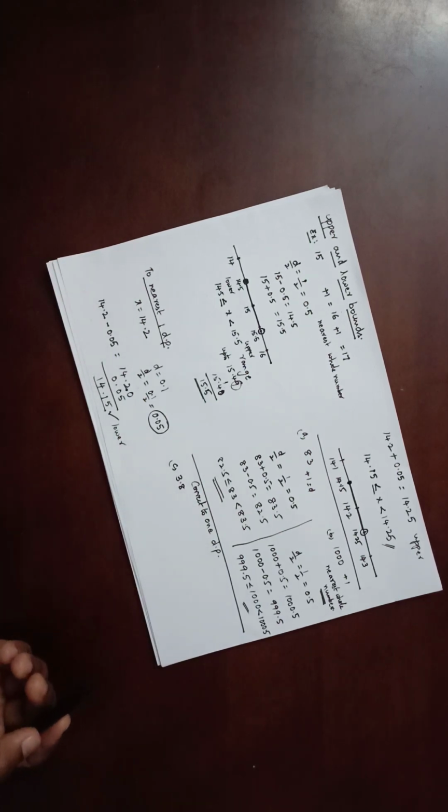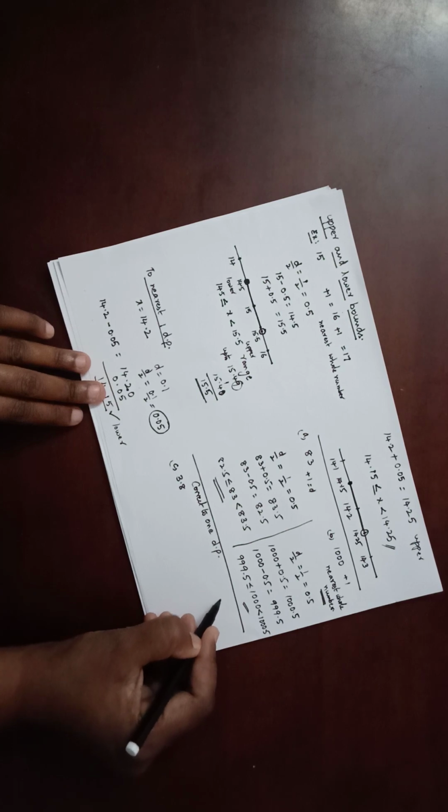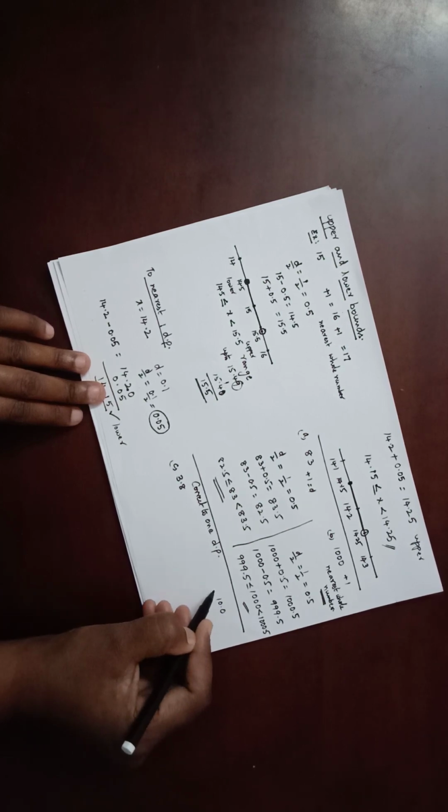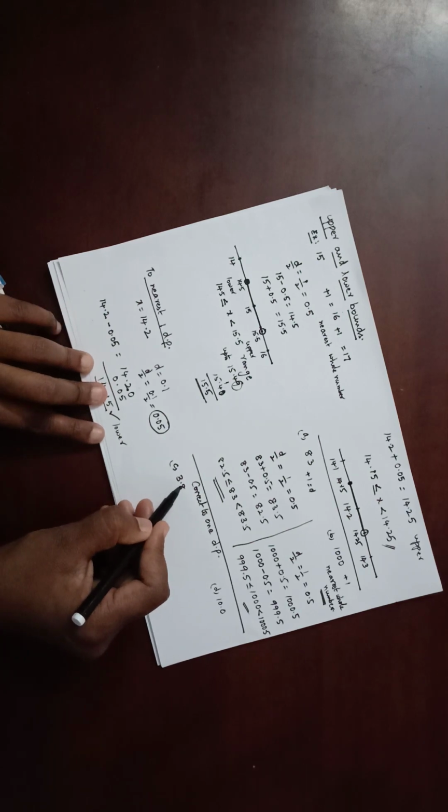The next one I am taking is 10.0. One decimal point steps are 3.8, 3.9, and after 3.9 comes 4.0.